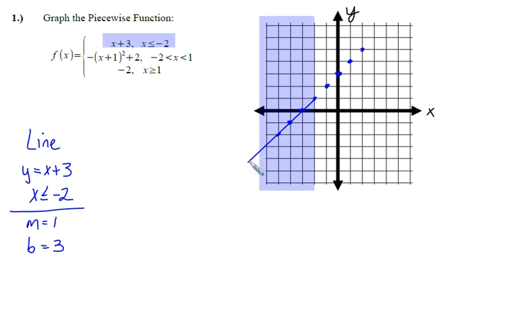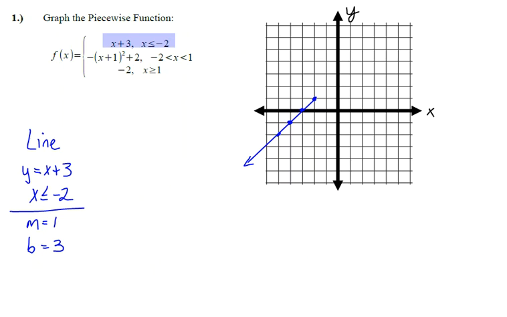Since this domain goes forever, we will put an arrow at the end of the line, and it has the or equal to option, so we do want that point to be filled in, or we want a solid point on the graph. Now let's get rid of the other portions of the graph that don't matter, the highlighted region as well as these other miscellaneous points.